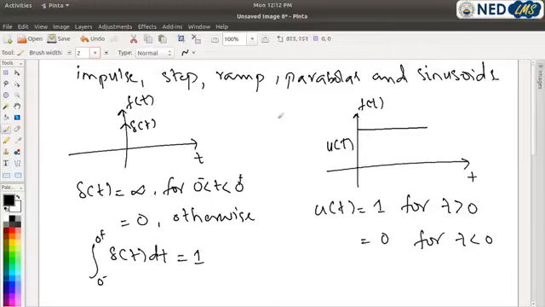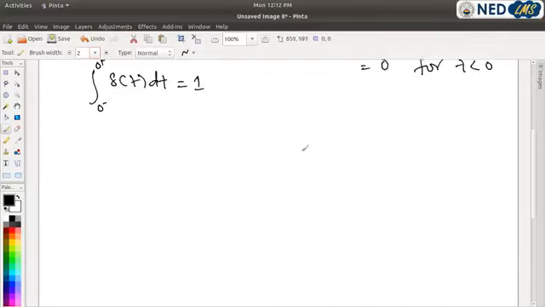The next input is the ramp input. The waveform of the ramp signal is, f of t, and this is time.